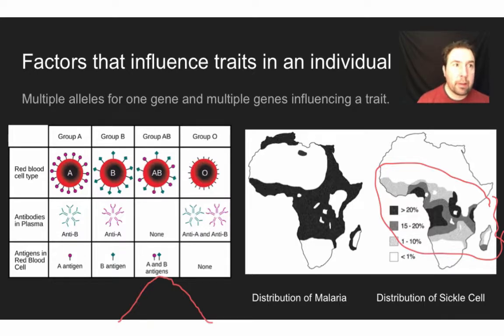But another factor that we also see is that you end up seeing an increase in sickle cell disease. These are 2 completely different phenotypes that are at play, and they end up having an influence on one another. So in this case, it's a single gene having multiple phenotypes. This is sort of the opposite of what we saw with blood type. This is one particular gene, and it's having multiple different phenotypes as a result.